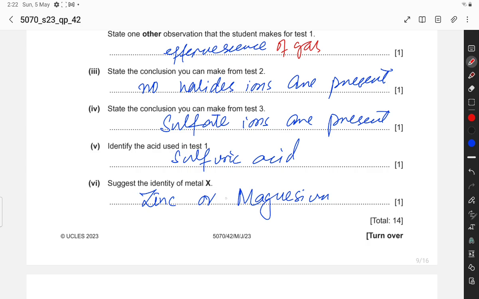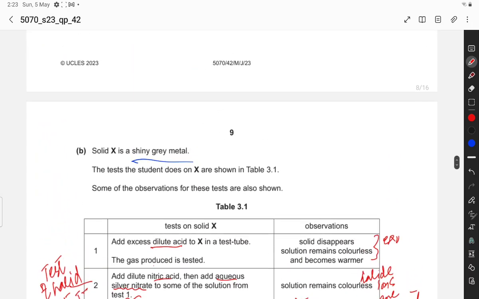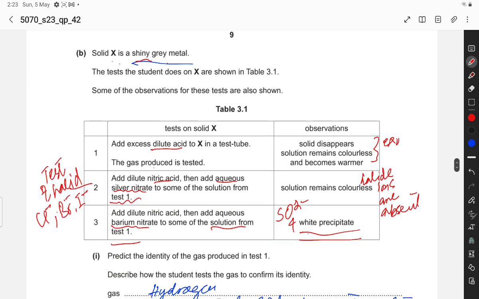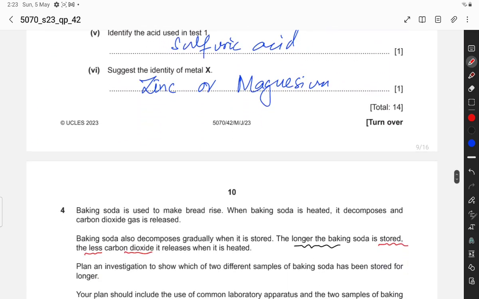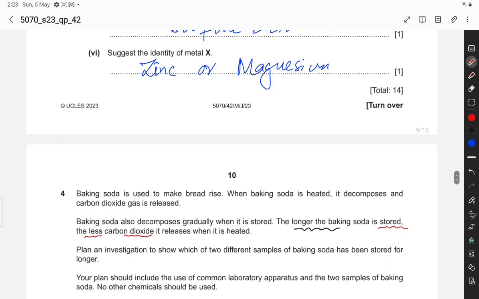Suggest the identity of metal X: zinc or magnesium. Solid X is a shining gray metal. With addition of acid, hydrogen gas is produced and the solid disappears. Moderately reactive metals react only with dilute acid, so it can be zinc or magnesium.